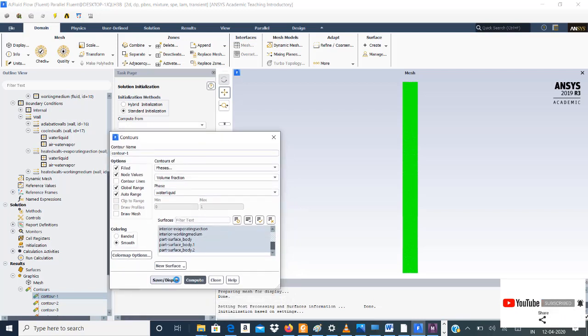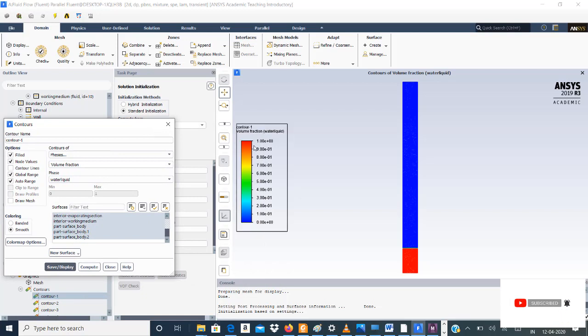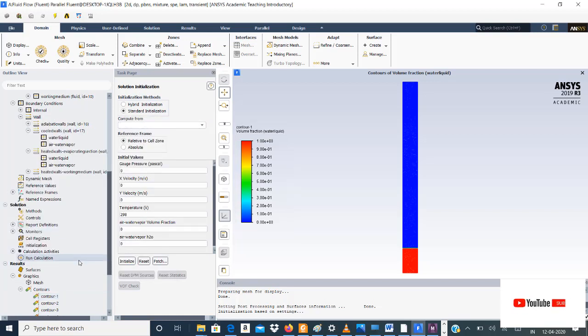Compute and display. Now it is clearer: water liquid is up to this point, and everything remaining is vapor or the air water vapor mixture. After that you can run the calculation.